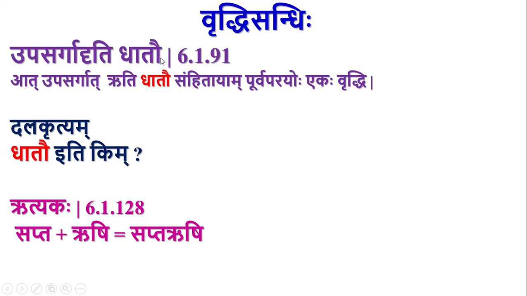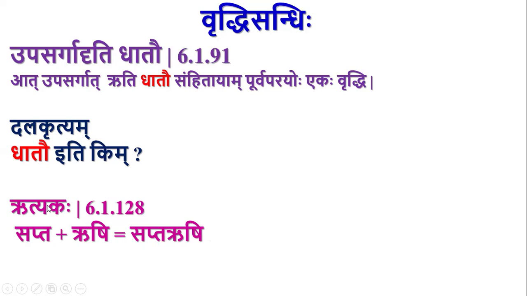If you don't mention dhatau in this sutra, then there will be optional prakriti bhava. Prakriti bhava means absence of any sandhi. Prakriti means the original form. Prakriti bhava means the same form even when there is samhita. So saptarushi is saptarushi by this sutra.